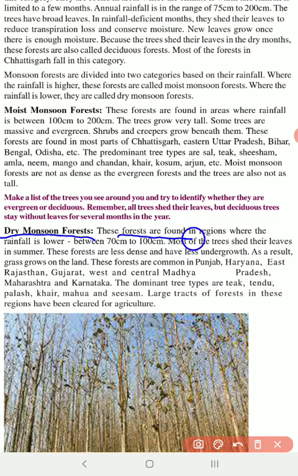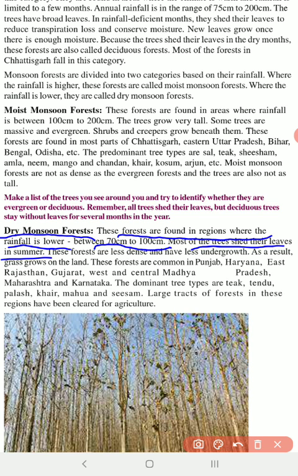These forests are found in regions where rainfall is very low. As I told you a few seconds ago, the dry monsoon forest means a place where the monsoon doesn't bring too much rainfall, so the rainfall is always low, between 70 and 100 centimeters. Most of these trees shed their leaves in summer.